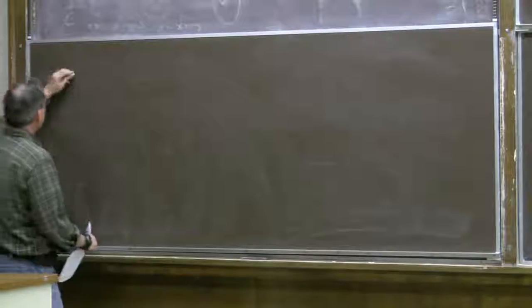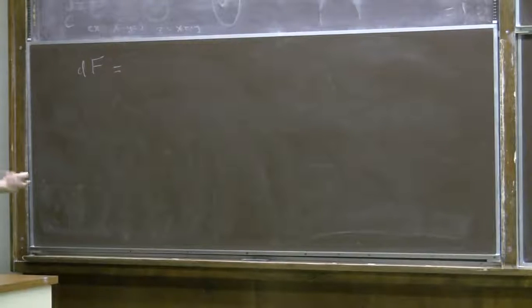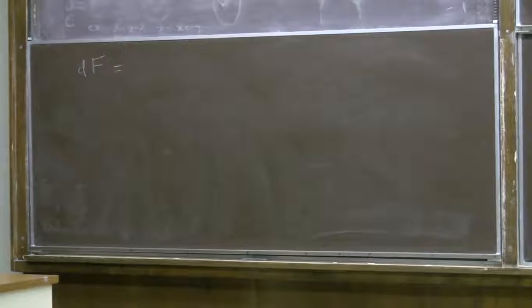So now, there are going to be two contributions to dF, one coming from the change in the temperature, one coming from the corresponding change in sigma, but sigma adjusts so that this quantity stays stationary with respect to sigma.